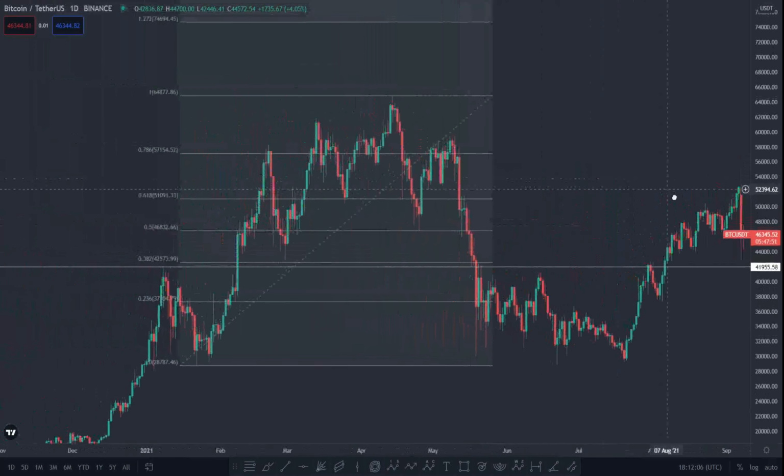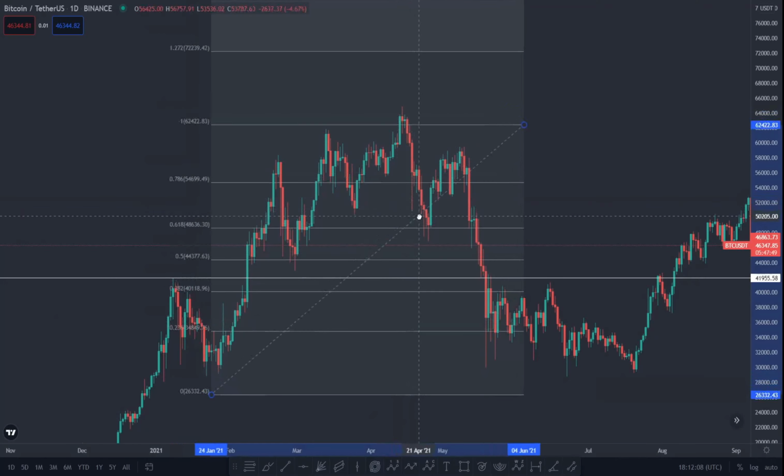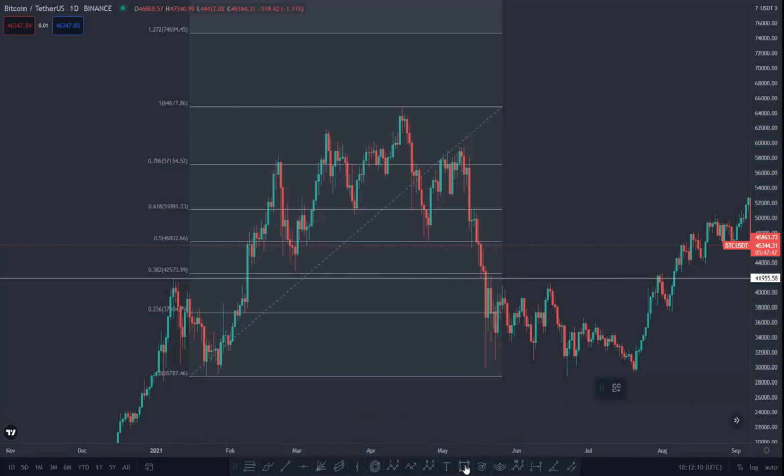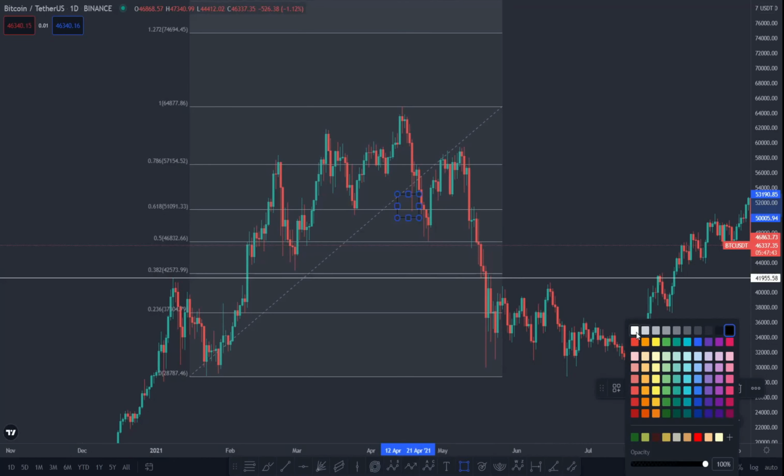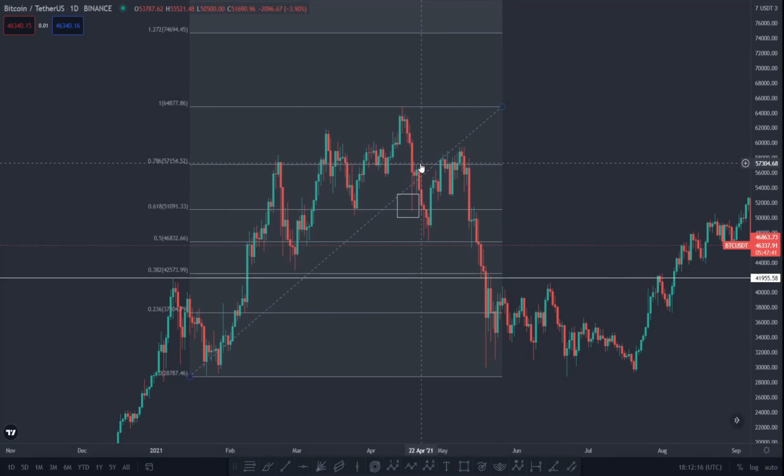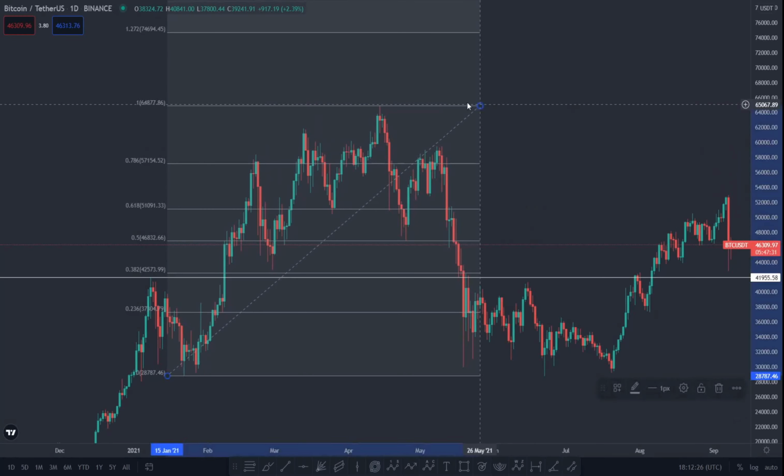Let me zoom in right there. Initially, it dropped to the golden ratio, bounced back up, got rejected, and went down to the 0.5. Interesting, interesting.